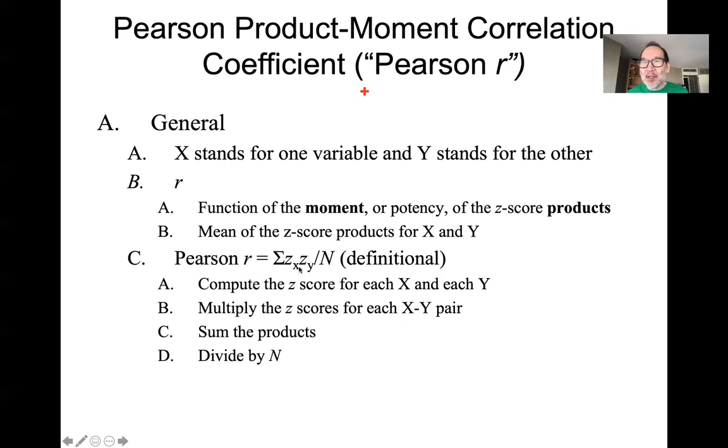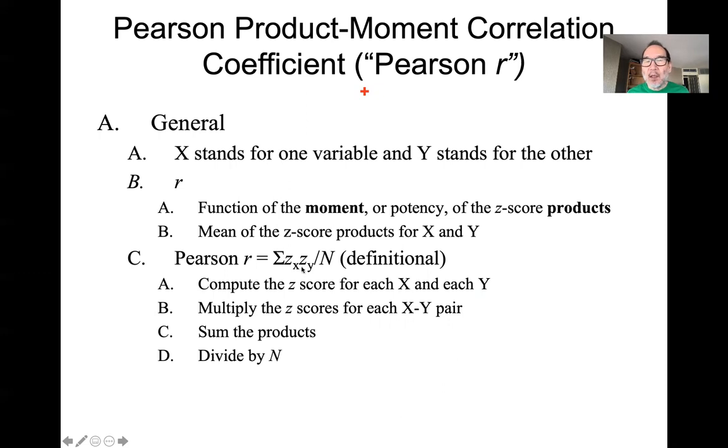The Pearson R is equal to, you recognize the Z-score for X, let's say someone's depression score, and the Z-score for the anxiety score. Multiply, the product of X and Y for subject one, then do that for subject two, and so on until you get to the nth subject, whether that's 10 or 20, whatever this n is.